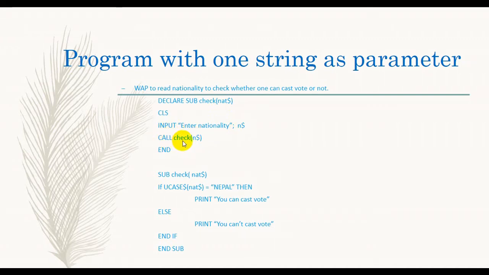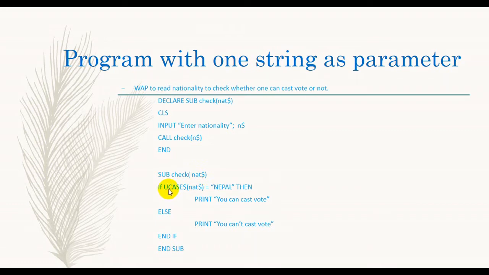So during calling check we pass this, where the value entered by user is saved or preserved. So when it is sent, it goes to here, that means in the variable nat. Here we had used sub check nat$, so we wrote here sub check nat$. Now we need to check this nat$, this nationality, whether it is Nepal or not.